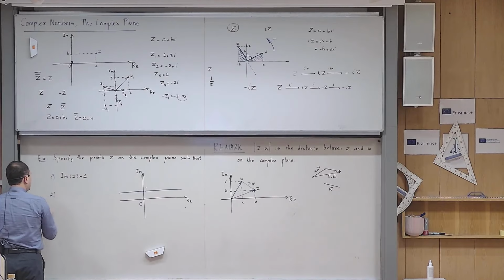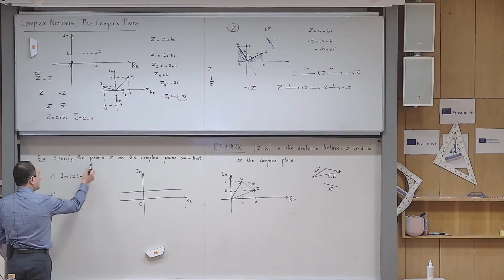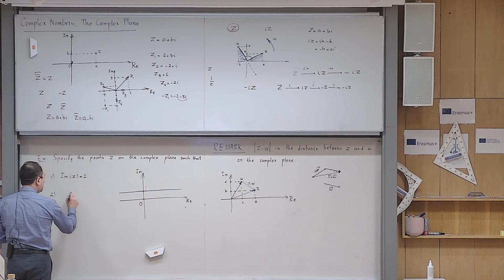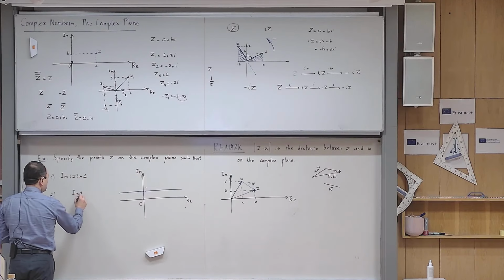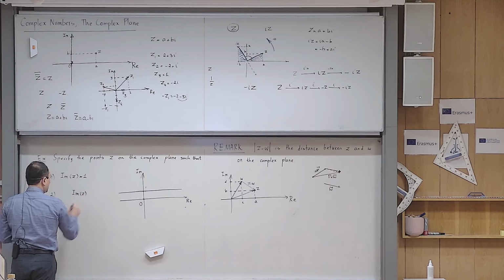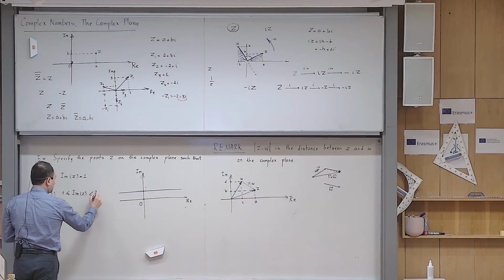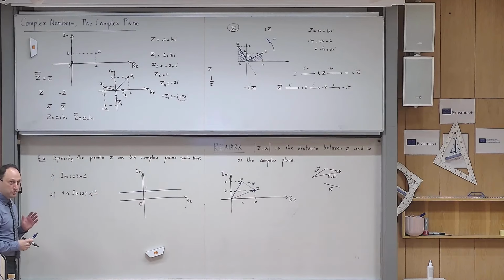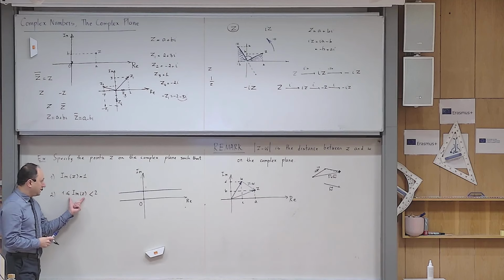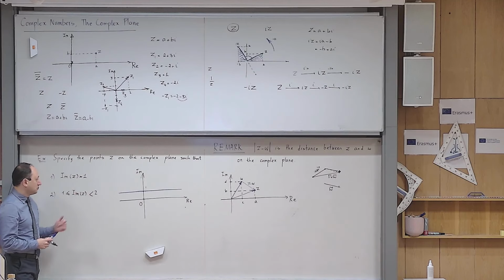So I will do this. I would write, I am interested in all points with these properties, imaginary of z, let us say is greater than or equal to 1, but strictly less than 2. So I want you to understand that they can draw pictures by giving you algebraic relations.